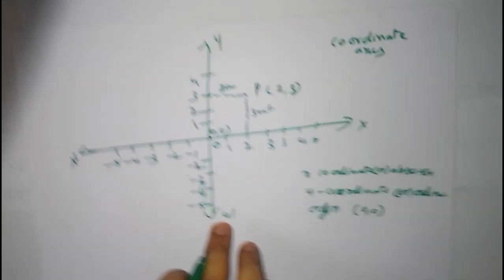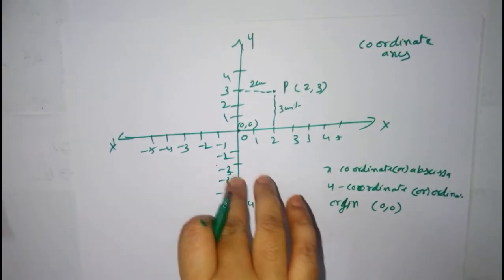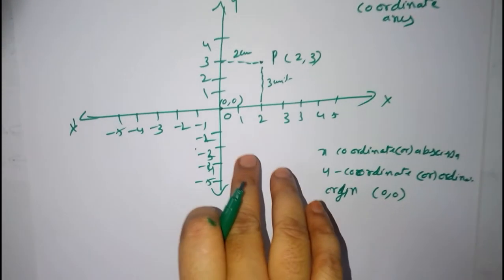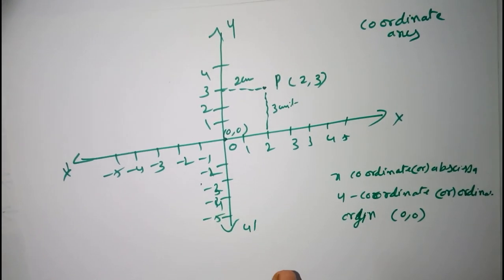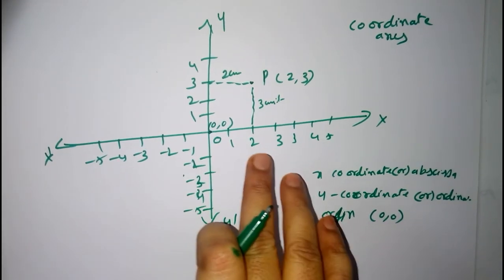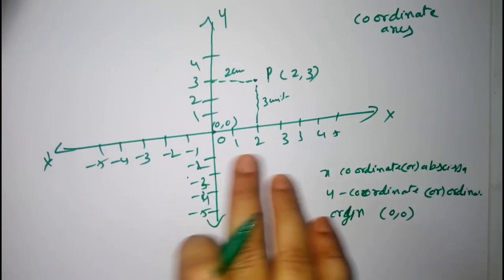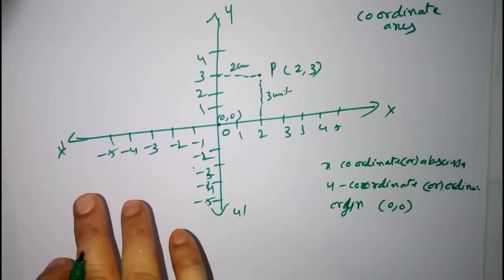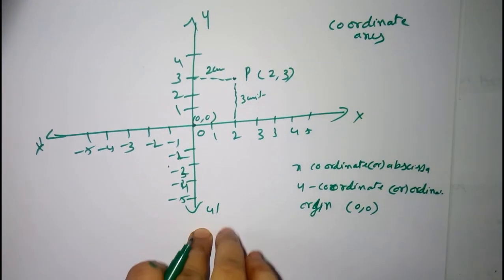So what we discussed today: to represent any point in a plane, we require two perpendicular lines. With the help of two perpendicular lines, we represent any point in the plane. The horizontal line is called the x-axis, the vertical line is called the y-axis.